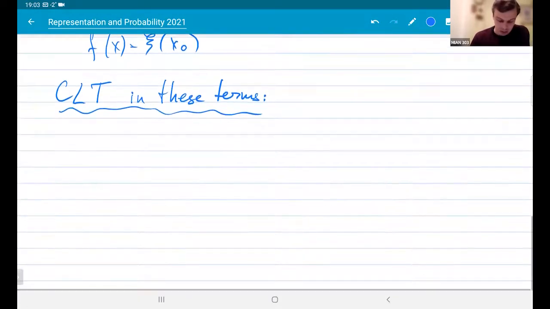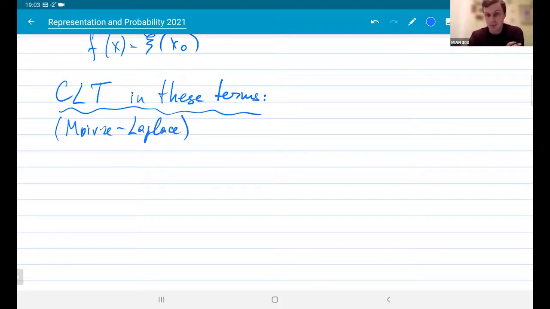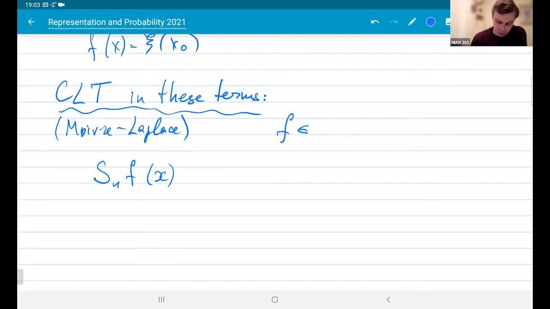Well, again, let's consider... So this is not the CLT, but in fact de Moivre–Laplace. So we are still in our Bernoulli scheme setting. Well, you just take S_n f(x). Let's say that our function f belongs to L2, since it is normal to say that it has a variance.